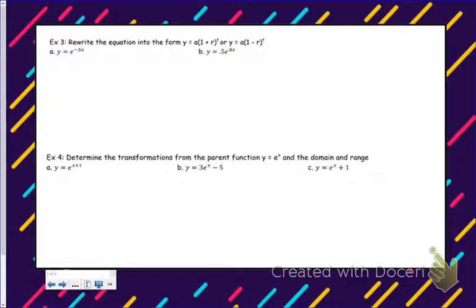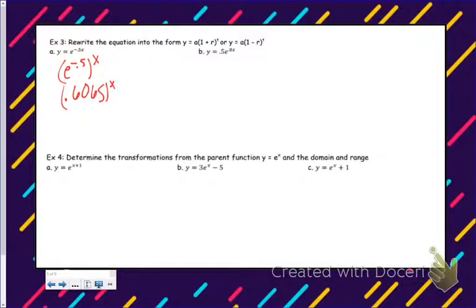All right, again, very similar to what we did last class, just trying to rewrite these into this growth and decay form. So e to the negative 0.5 times x, that is e to the negative 0.5 times x. So e to the negative 0.5, I can evaluate that. So e to the negative 0.5 would be 0.6065 to the x.